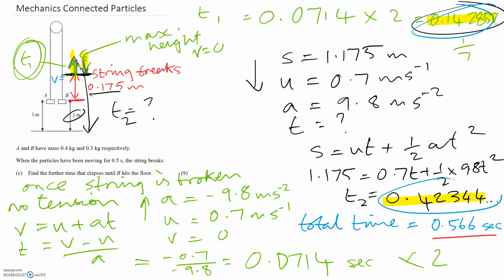But because they've taken this up and this down, they've taken this as negative. That way is probably quicker, and that's why they've done it in the mark scheme, but I think I prefer to do it my way. I don't particularly like their way. I can understand it better like this.